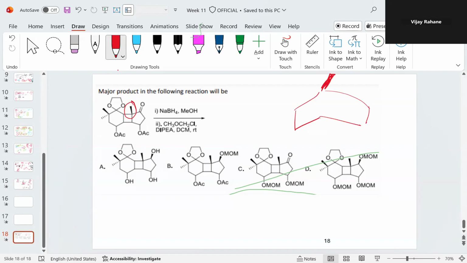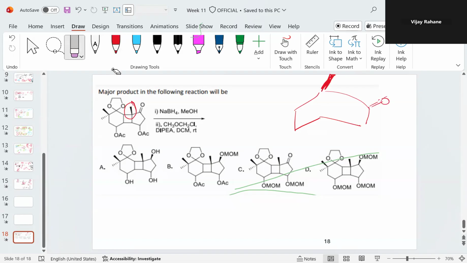Because this methyl is directing upward. So like this ketone, and I'll just write down all the structures. See, right? So like this.